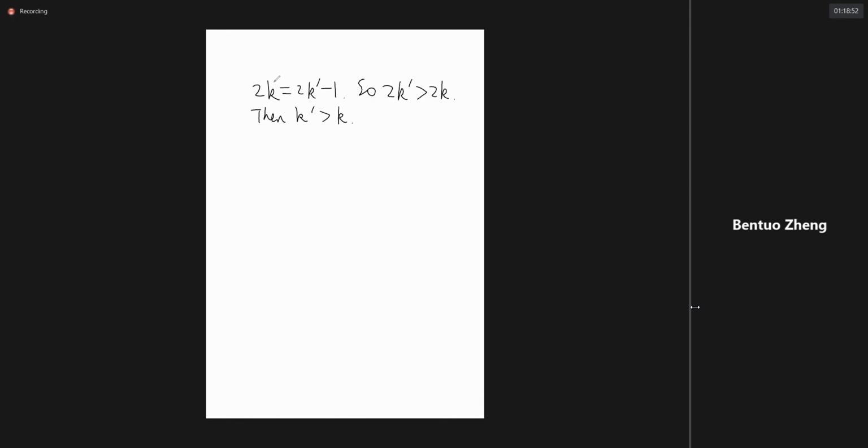All right, so if k prime is greater than k, there is a natural number s so that k prime is equal to k plus s.